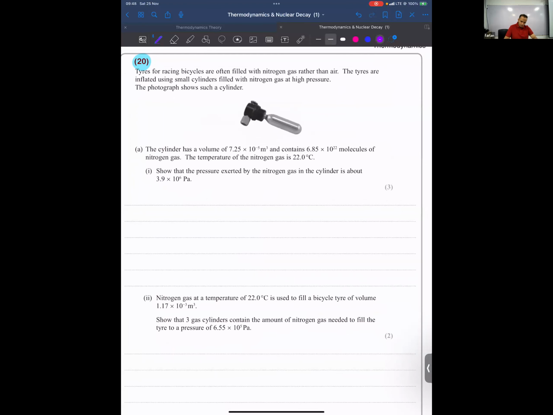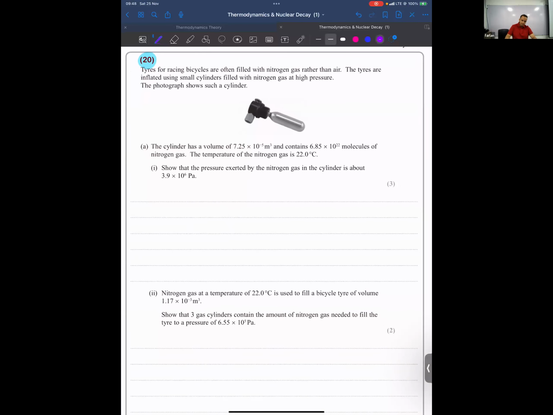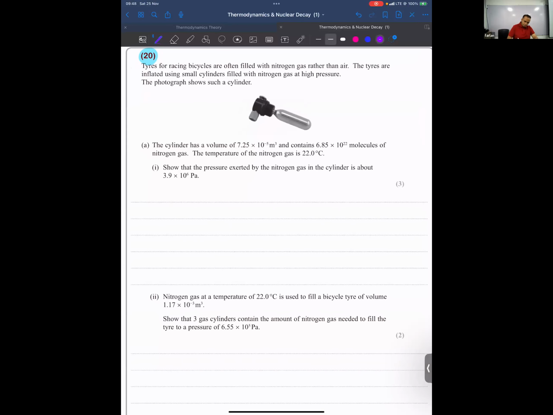The cylinder has a volume given, and contains this many molecules. The temperature of the nitrogen is given. Show that the pressure exerted by the nitrogen gas in the cylinder is about this much. PV equals NkT, so P equals NkT over V. N is the number of molecules, 6.85 into 10 to the power 22. k is 1.38 into 10 to the power minus 23.